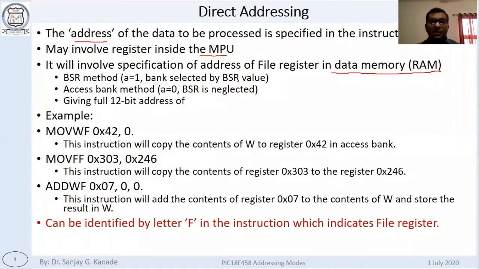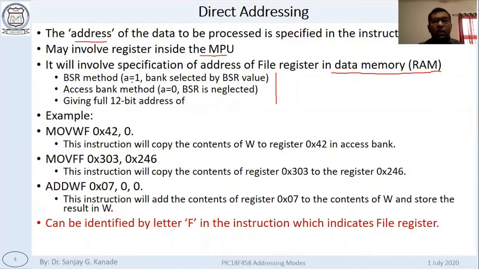If this address is directly given in the instruction, then it is the direct addressing mode. Now, for example, whether it is using BSR mode or access bank mode doesn't matter. Both are valid for direct addressing, because that is how the address will be specified.